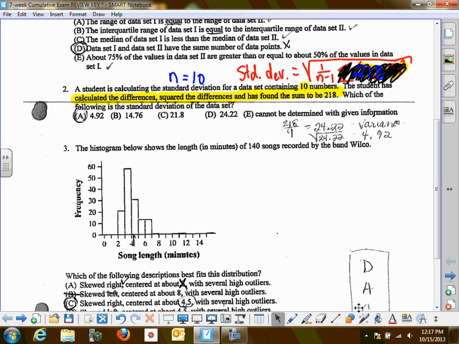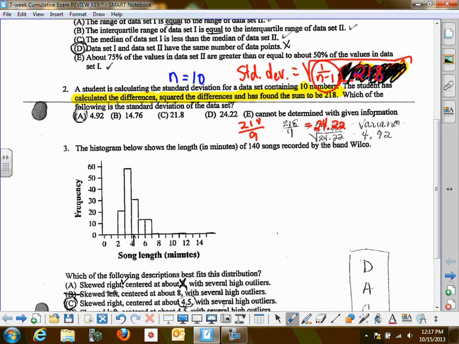So if you have 218 in that formula, now what are you going to do with that? Well, first you need to divide by n minus 1. And how much is n minus 1? 9. So you take that 218 and you're dividing by 9, and that's how you get 24.22.